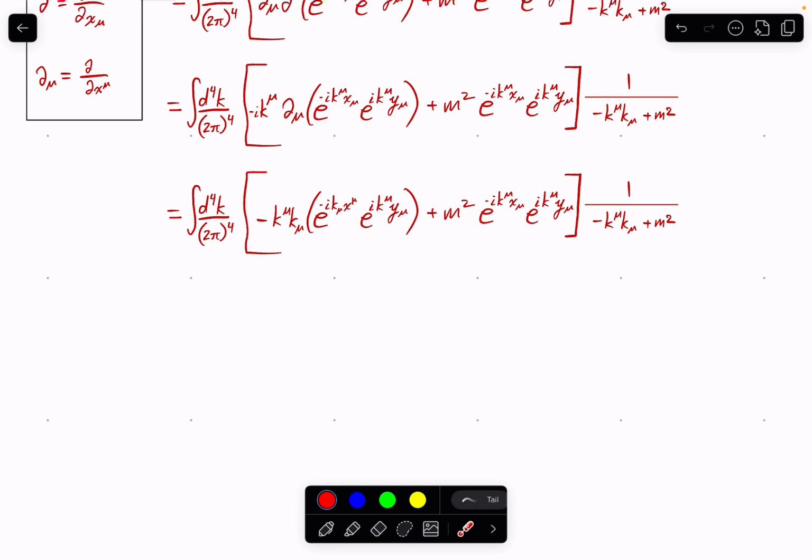Well, now look at this equation. It has the exponentials here, and these are just constants. And these constants right here, if we pull this out to the side, we just have minus k mu squared, minus k squared plus m squared. And here we have minus k squared plus m squared. So actually, the coefficients of the denominator here and the numerator cancel.